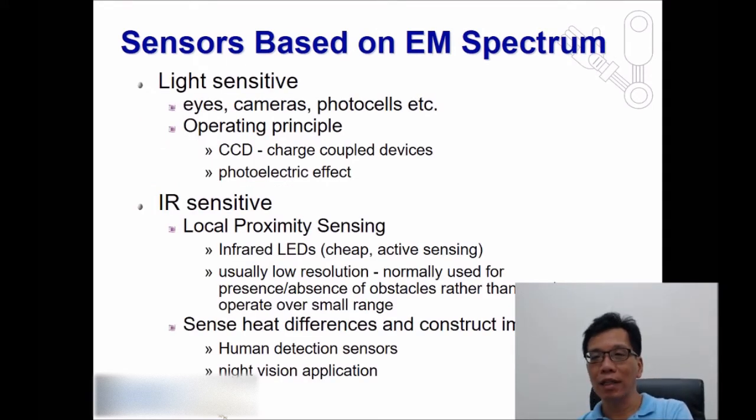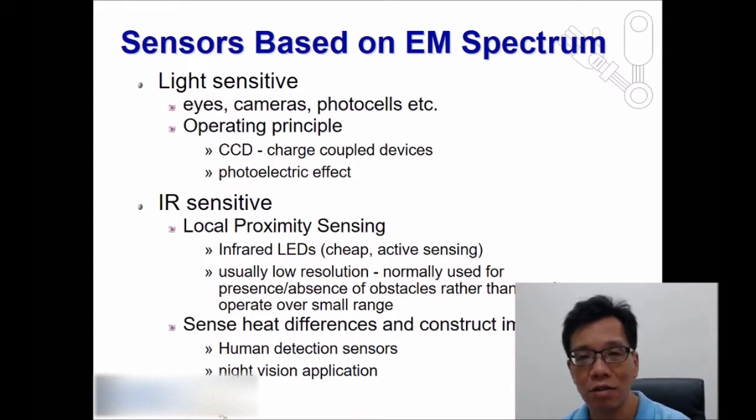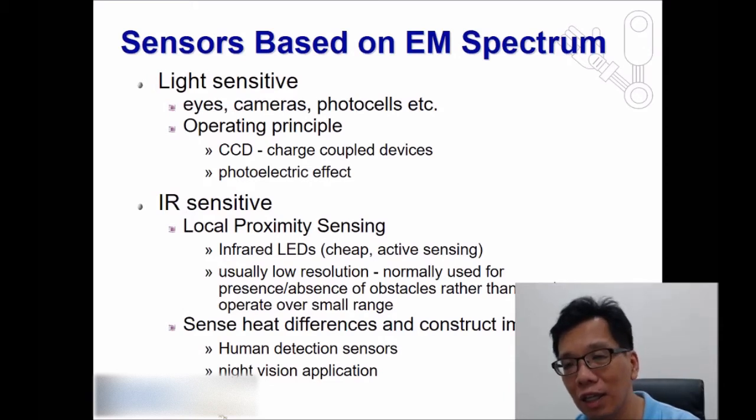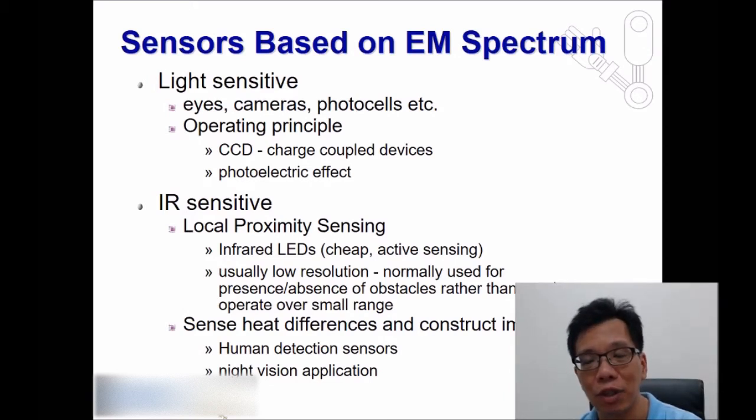So what kind of sensors do we actually deal with? We might have light sensors. Light sensors are more like visible light. We have CCD, and we might have photoelectric detectors. With that information we can use image processing to identify what we're actually looking for.